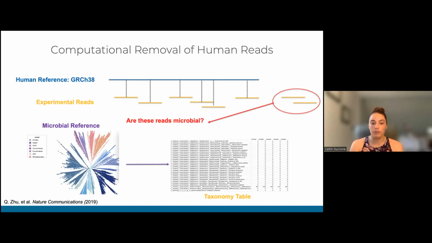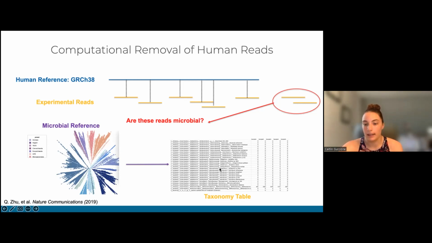And then we go through a further pipeline that asks the question, we have a microbial reference. There's a variety of different ones that we use. Each of these dots is a different microbe, and they each have a unique genome. And so we take our remaining reads, hopefully there's more than 2, and we map these against the genomes and try and figure out which microbes we have.